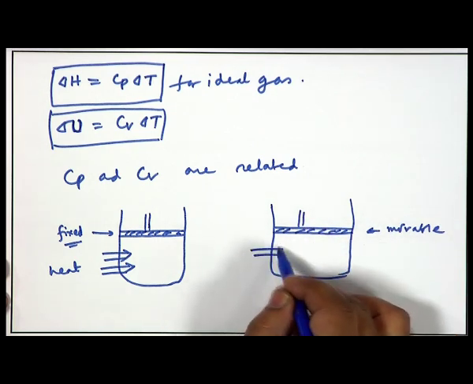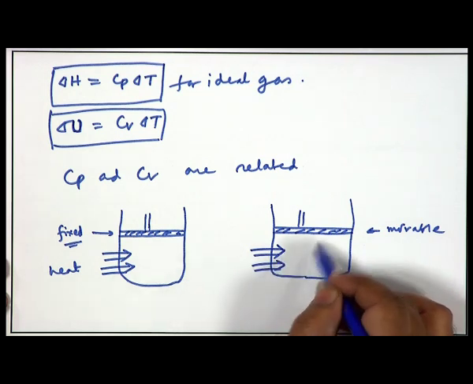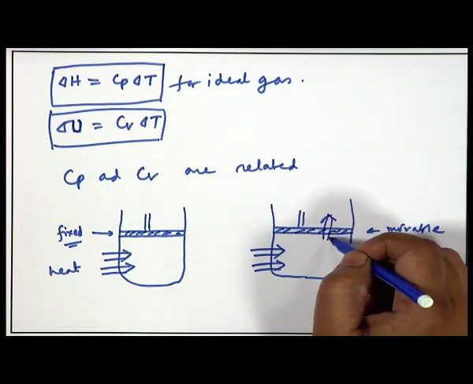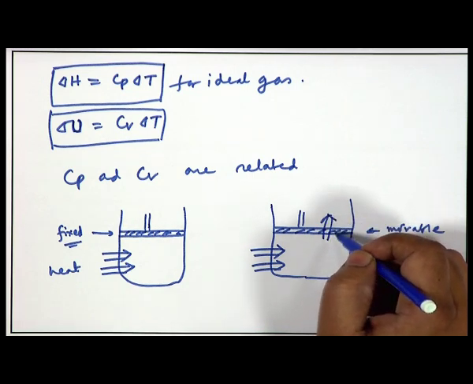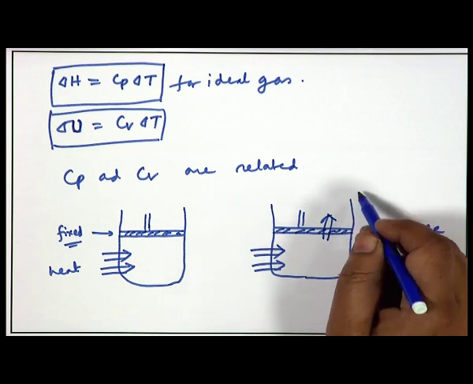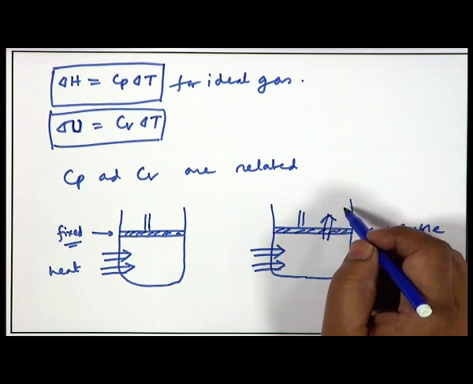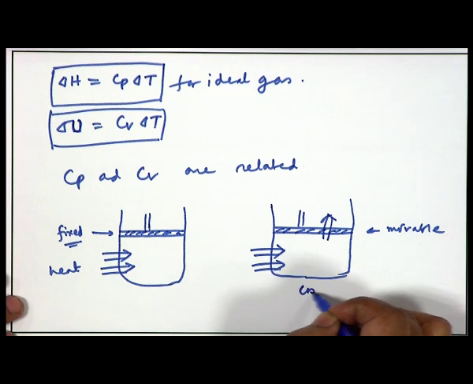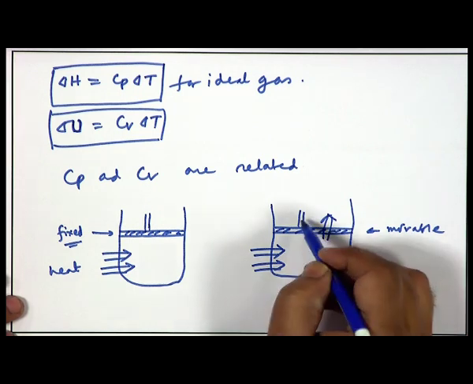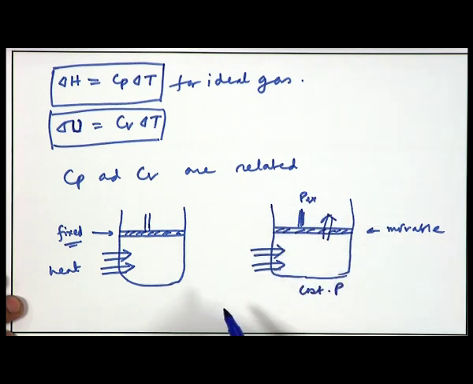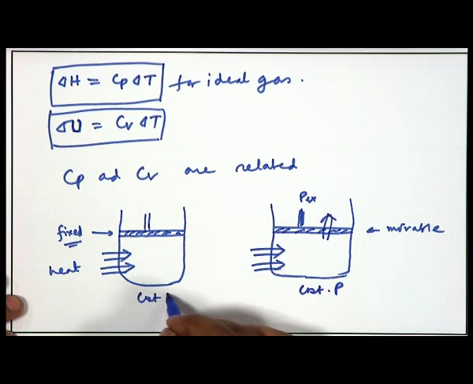Then if you supply heat, the volume of the gas will expand, and if volume expansion happens, you know that the system is losing some energy, or it is doing some work on the surroundings, so it is losing some energy by doing work. So, this is a constant pressure process, and this is a constant volume process.